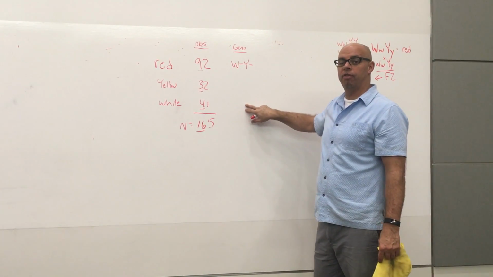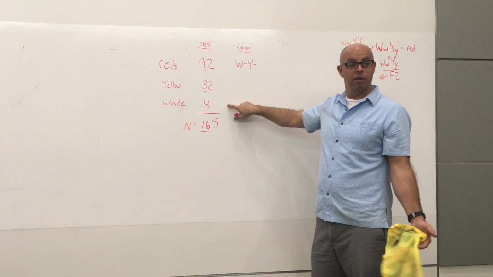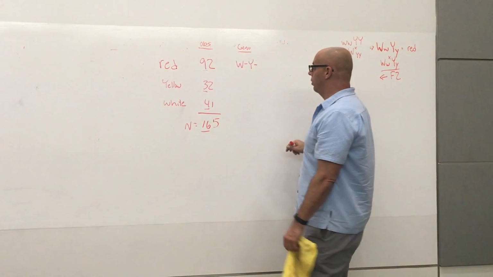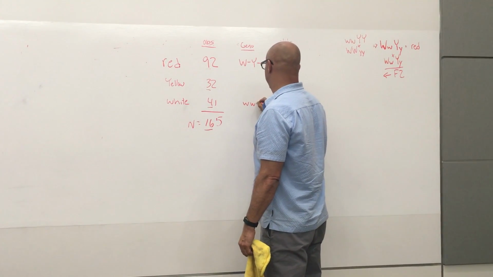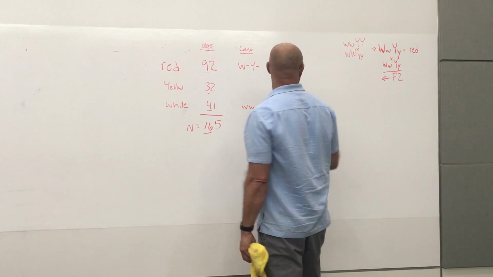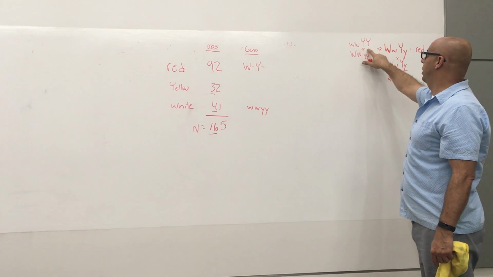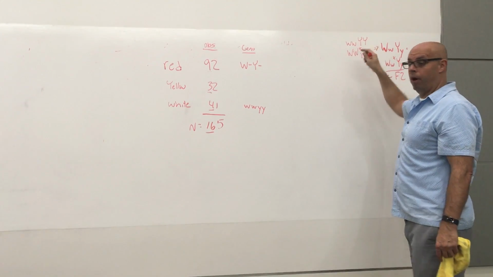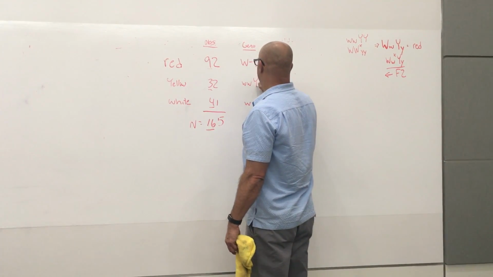Where is the recessive? It's in the 4 part, because that's a combination of a 3 and a 1. So that we know is going to be little w, little w, little y, little y. We know here that the yellow is little w, big Y something. So we have this one, little w, big Y something.